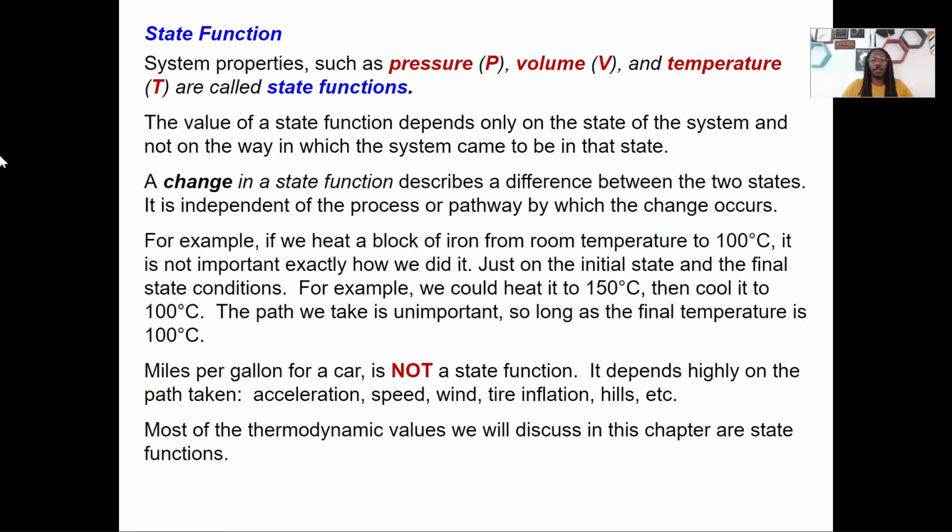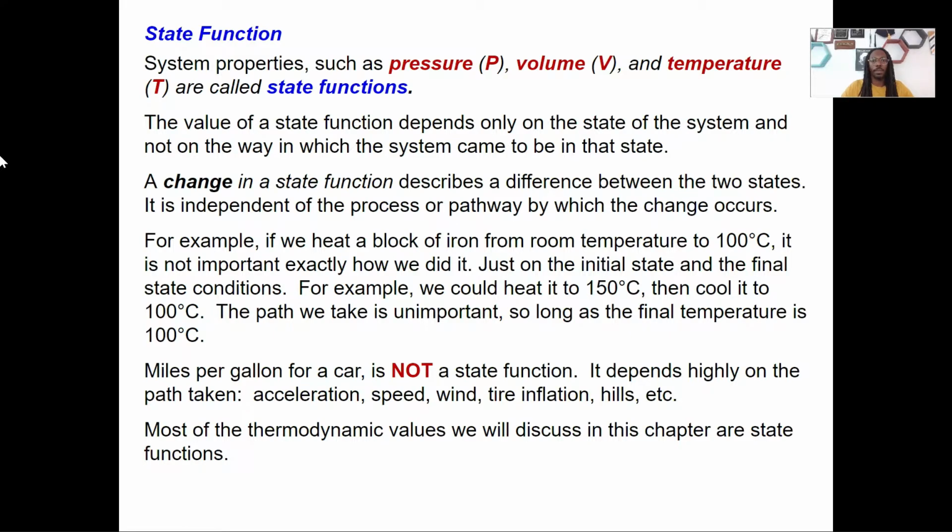Okay, a change in the state function describes a difference between the two states and is independent of the process or pathway by which the change occurs. So, everybody, to sum this all up, with state functions, we don't care about the process, we only care about the final and initial values. That's it, okay? Once again, if this does not sound familiar, please check the General Chemistry 1 playlist.